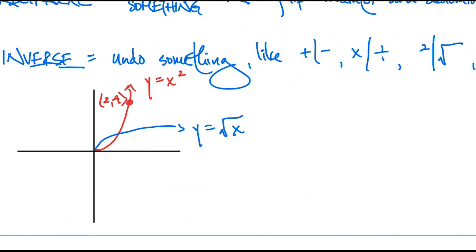Instead of 2 comma 4, what do I get? 4 comma 2. And it turns out that point is on the graph of the inverse function, right? So if you drag the point along, you should have been able to see that the x and y values switched as you look at all of the points there, okay?